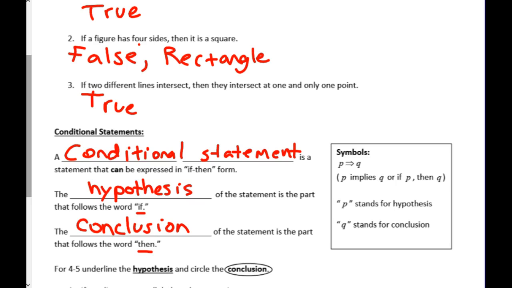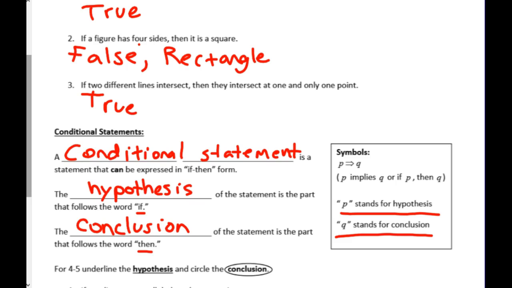Now, instead of having to say hypothesis and conclusion every time, we're going to abbreviate these with letters. So you can see that off to the side here. P is going to stand for my hypothesis, and Q is the conclusion. Now you tell me, how can I remember that the hypothesis is P?